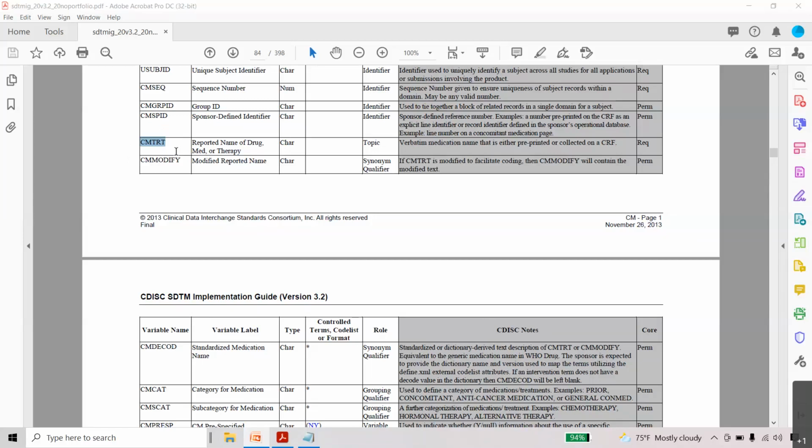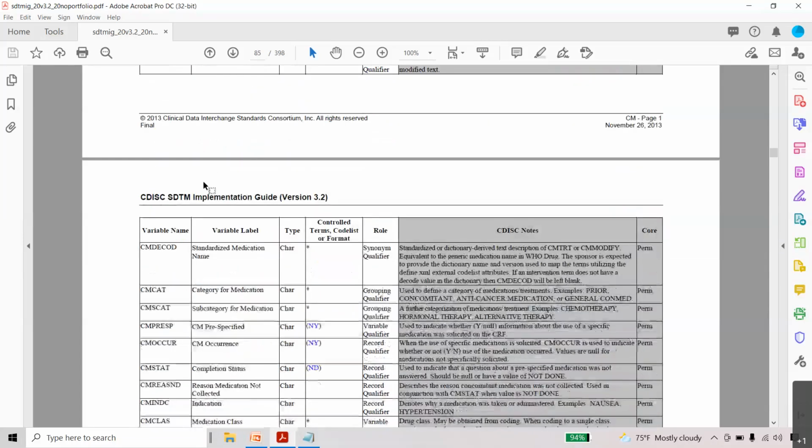So a slight modification of the name of the CMTRT values we can see in CM modify. So CM modify is the updated or modified name of CMTRT, and CM modify is a permissible variable. If required only, we will capture it, otherwise we can drop this variable, and it is not necessary to keep it in the dataset.